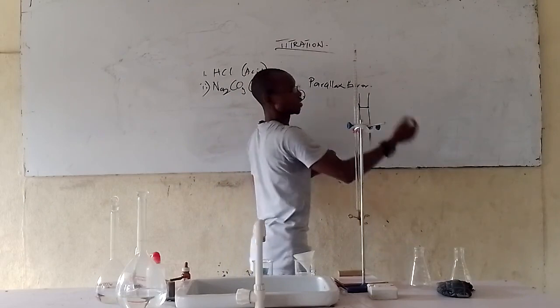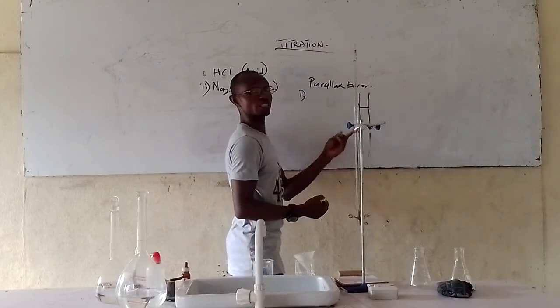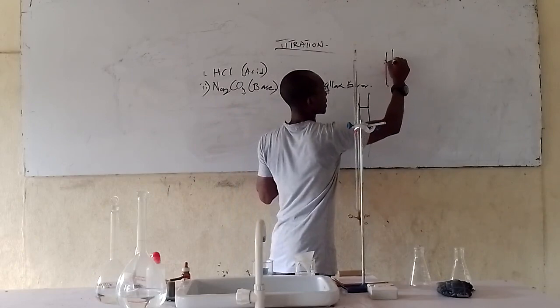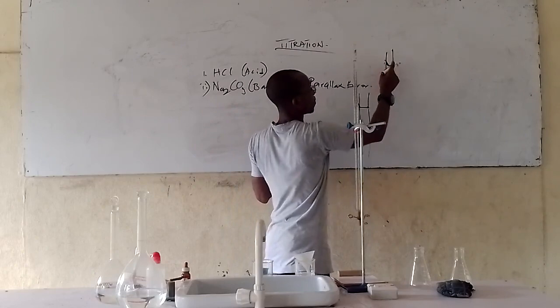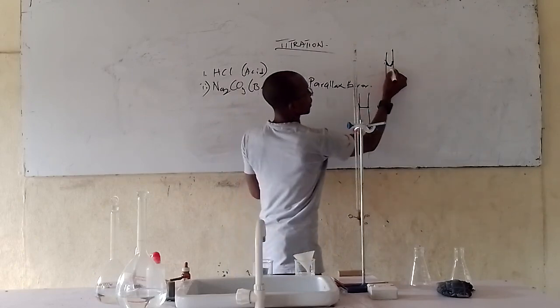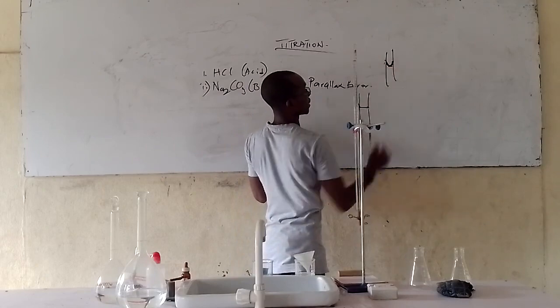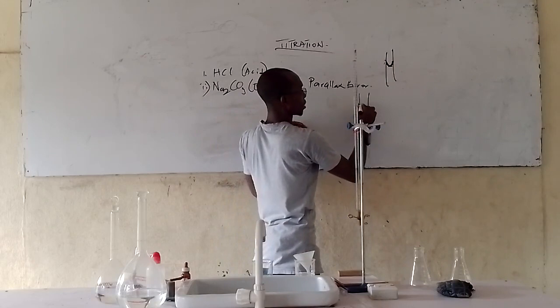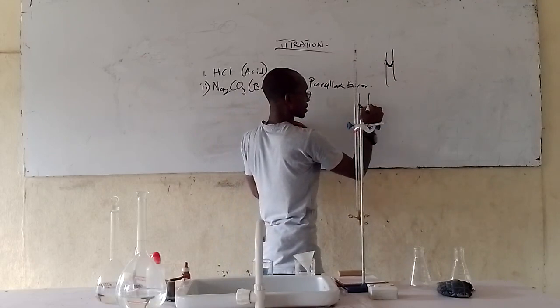Now, when you fill your burette or your pipette with the liquid, it is always going to have a curve like this in the middle. It is expected that this particular part here is sitting directly on the mark, such that you will have it looking like this.